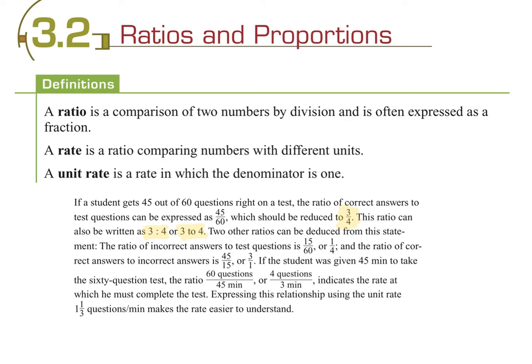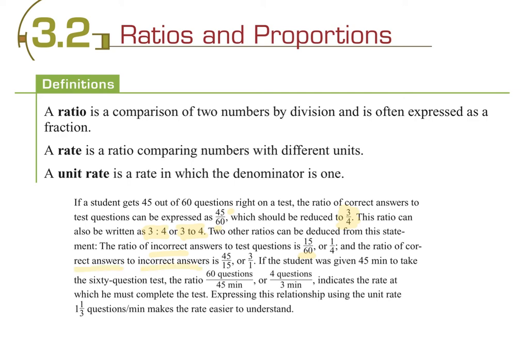Two other ratios can be reduced, or incorrect answers rather. So if you were to take 60 minus your 45, you could say, well, I got 15 wrong. If you got 45 correct, you can assume that you got 15 wrong. All right. And then you have a ratio of incorrect answers. And then they said you could have a ratio from answers that were correct to answers that were incorrect.